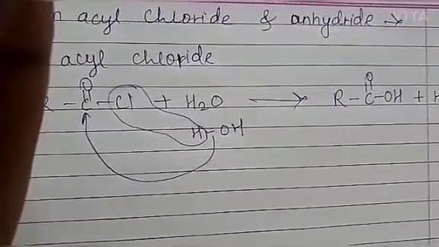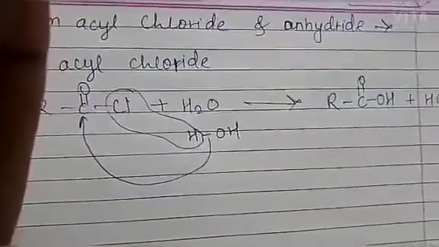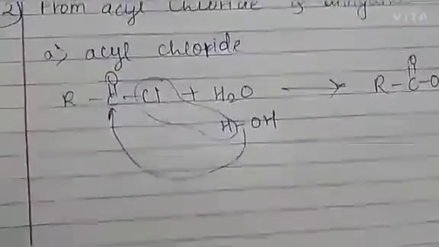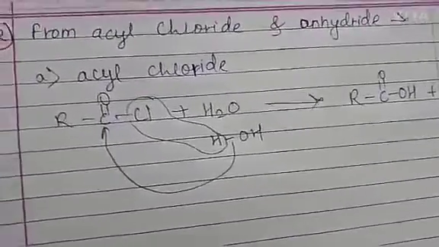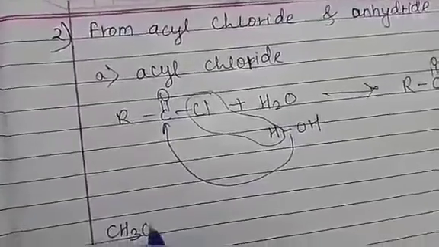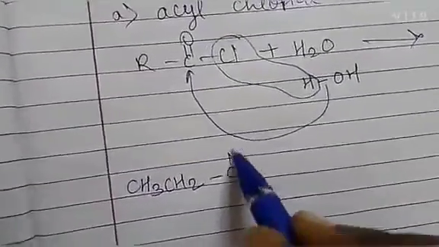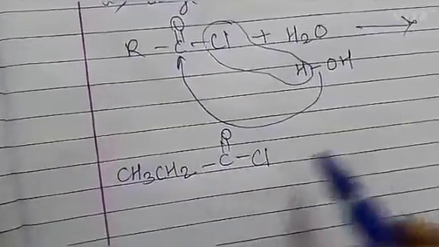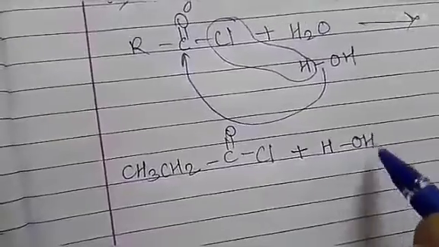Actually, this method is useful for the preparation of aliphatic as well as aromatic carboxylic acid. We can prepare any of the acid by this method. Suppose this R I replace by CH3CH2, ethyl group, C double bond O Cl, propionyl chloride, plus HOH.